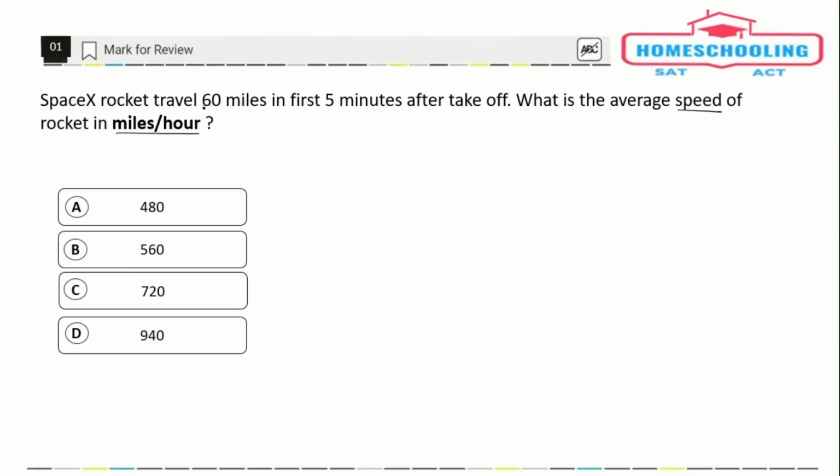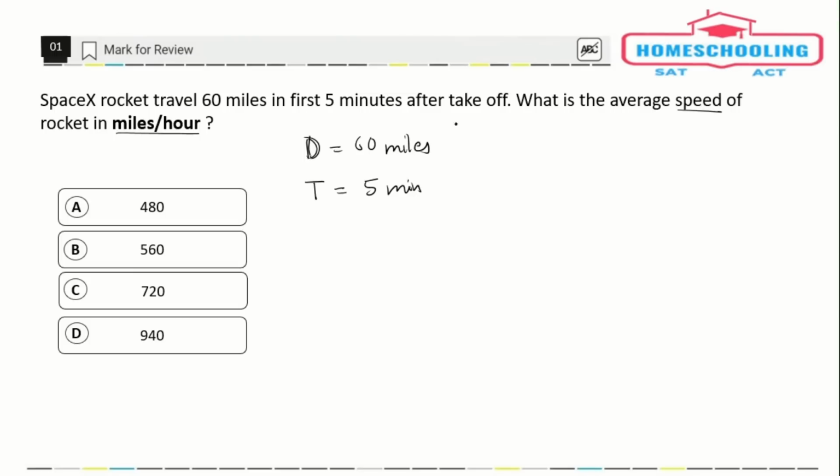It travels 60 miles, so the distance d is 60 miles, in the first 5 minutes. So time t is 5 minutes.